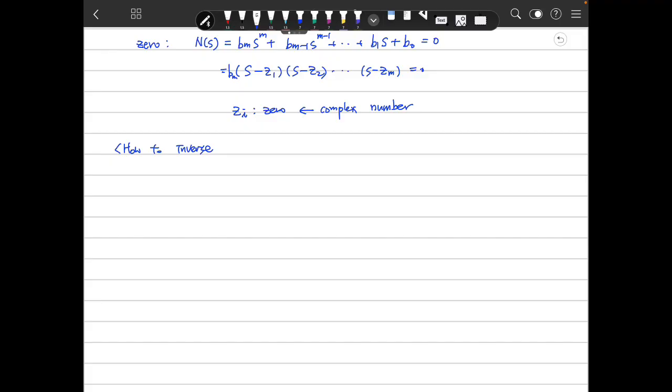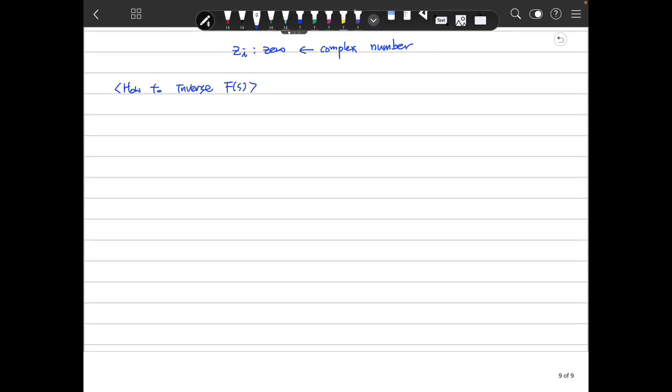First, represent F(s) as a partial fraction expansion.